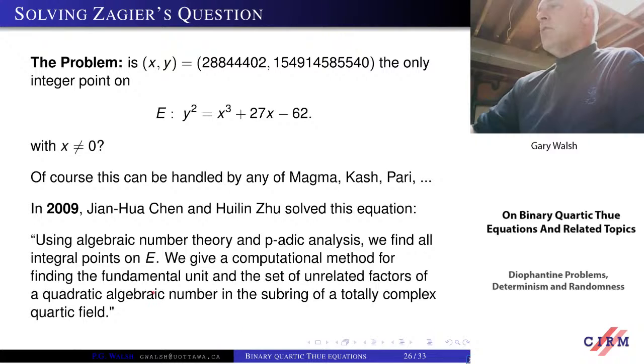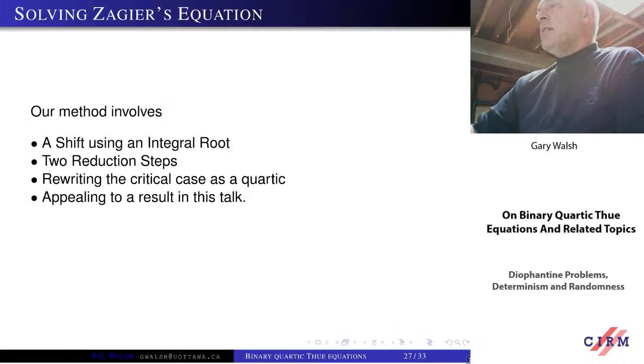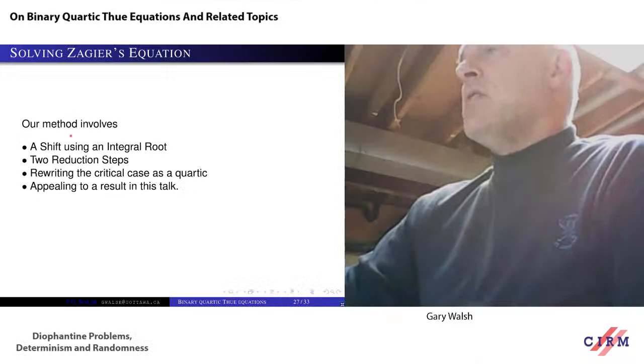And there's a proof that came from Chen. This is the same Chen as the Chen-Vouzier theorem. And Zhu, they solved this using p-adic analysis and algebraic number theory, which goes back to the work of Skolem. But it's complicated. And in any event, there's a different way to solve Zagier's equation.